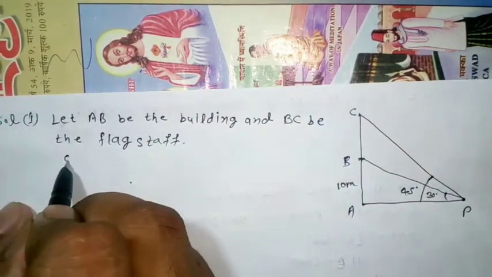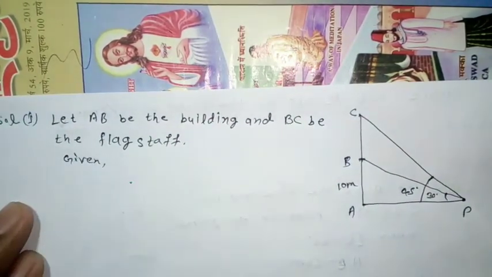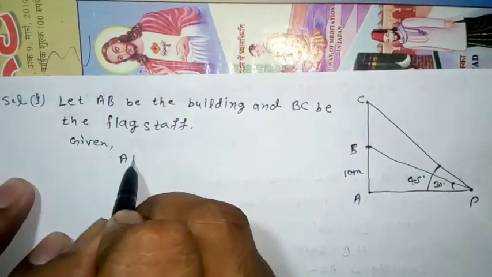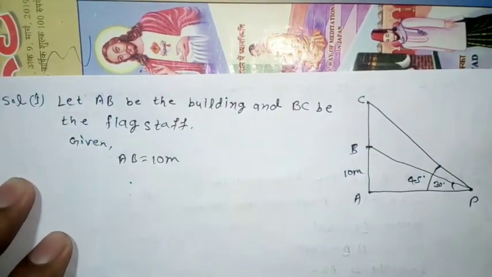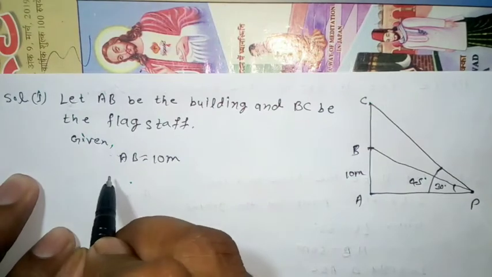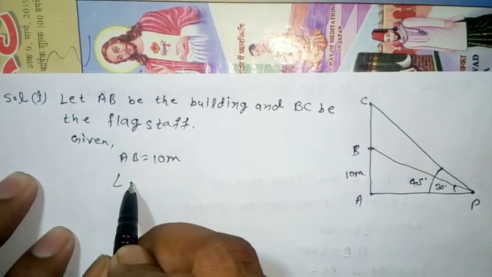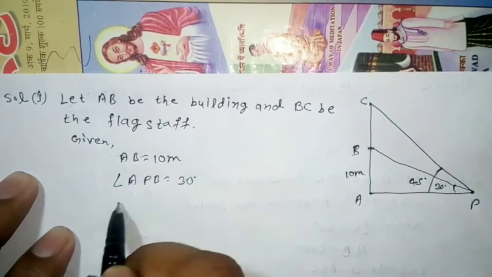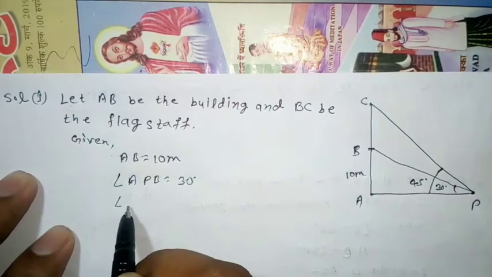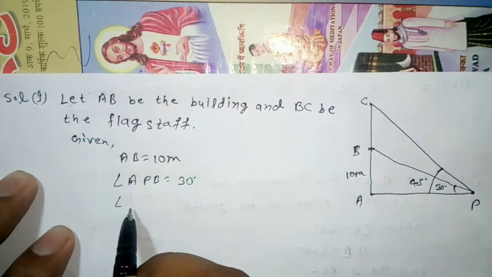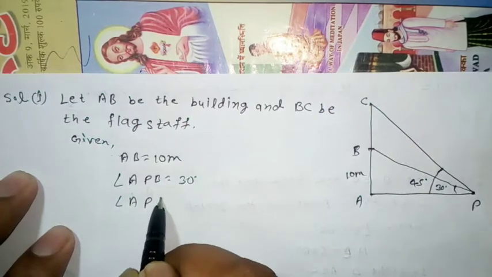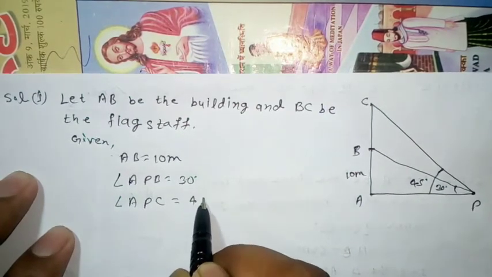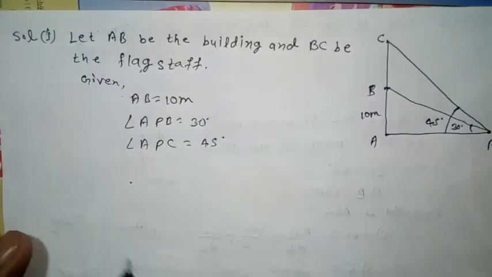Given AB is equal to 10 meter, angle APB is equal to 30 degrees, angle APC is equal to 45 degrees.